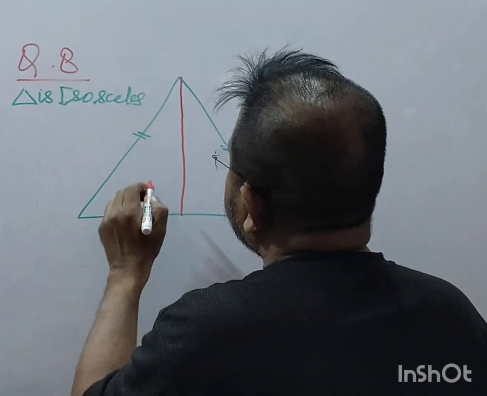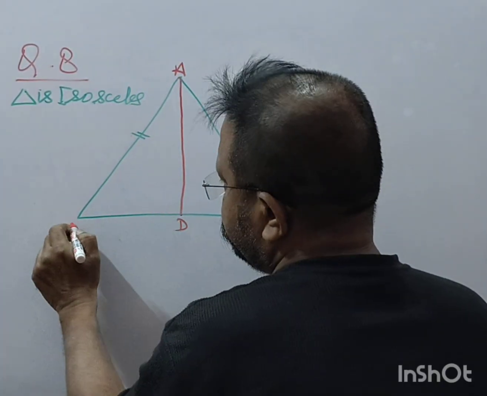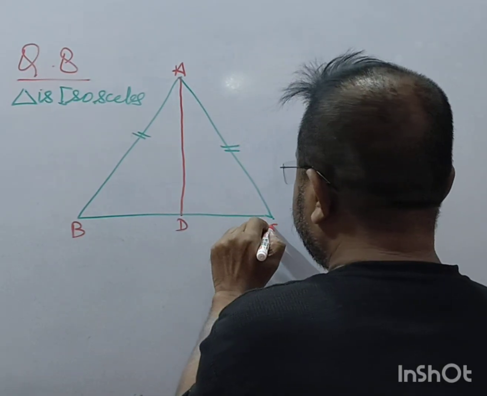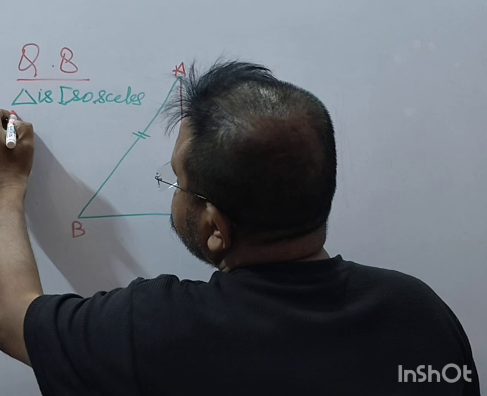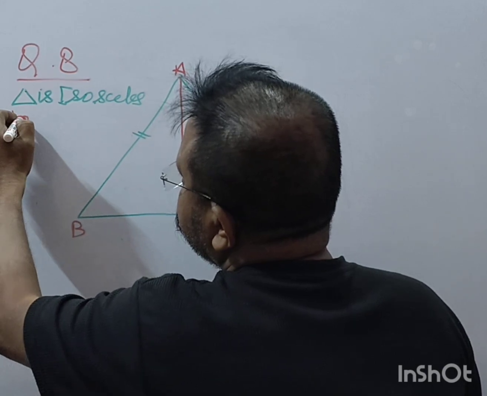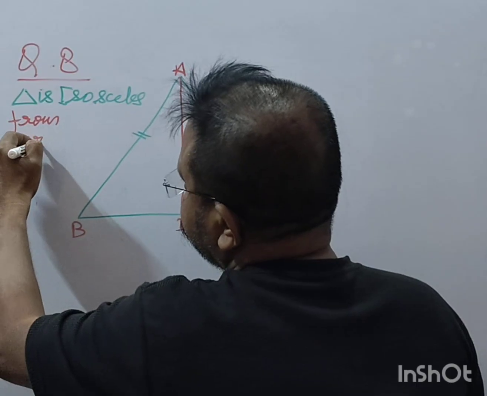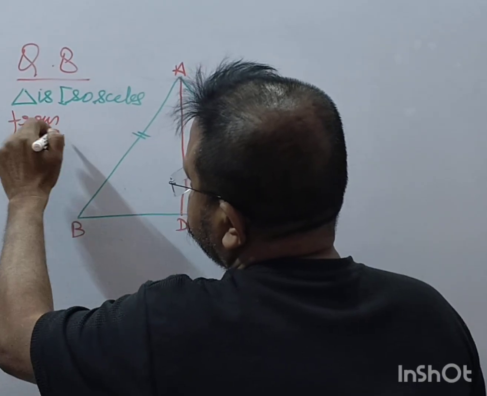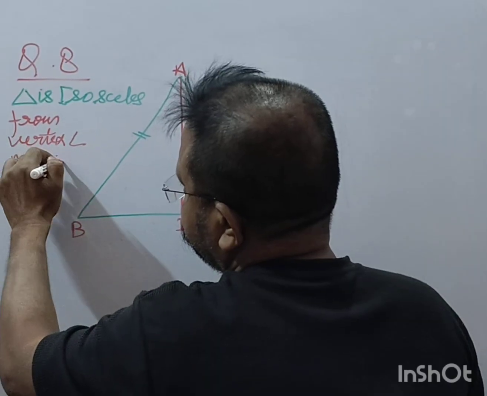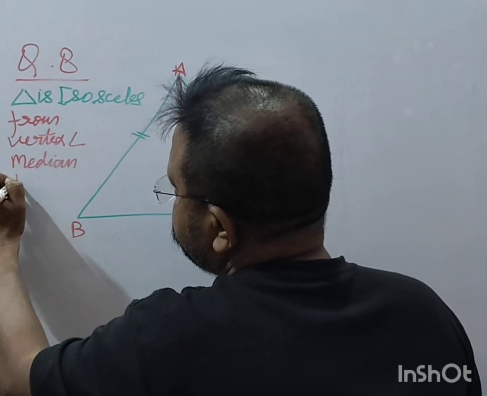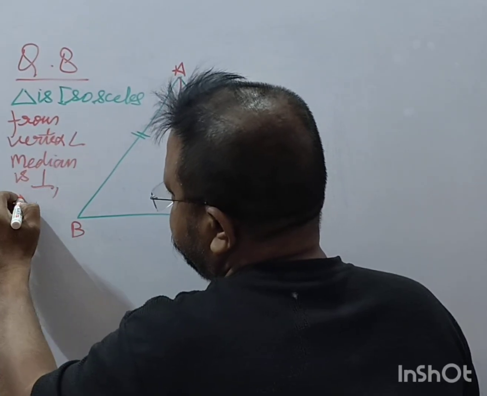Say this is AD, this is B, this is C. The median from the vertex angle is the perpendicular bisector.